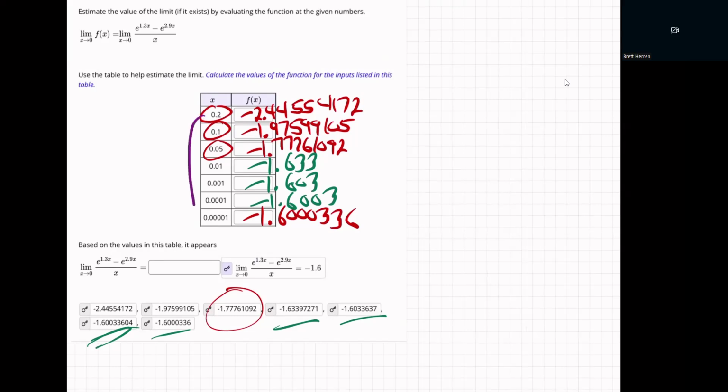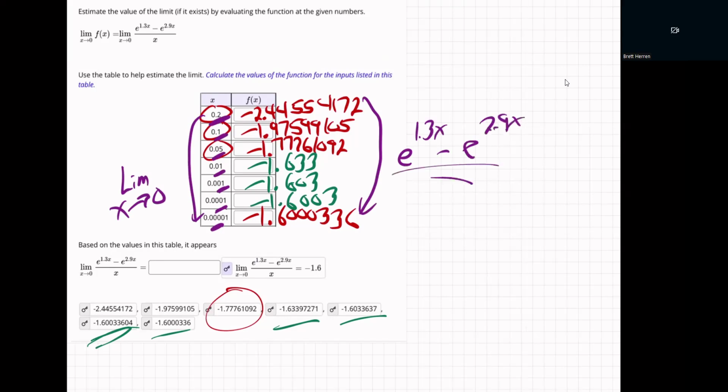Okay, so the question they're asking me is where do these numbers go. See how these x values are going to zero, right? It's the limit as x heads to 0. 0.2, 0.1, 0.05, these are getting really, really close to zero. What is f of x? Where is the function e to the 1.3x minus e to the 2.9x over x headed?